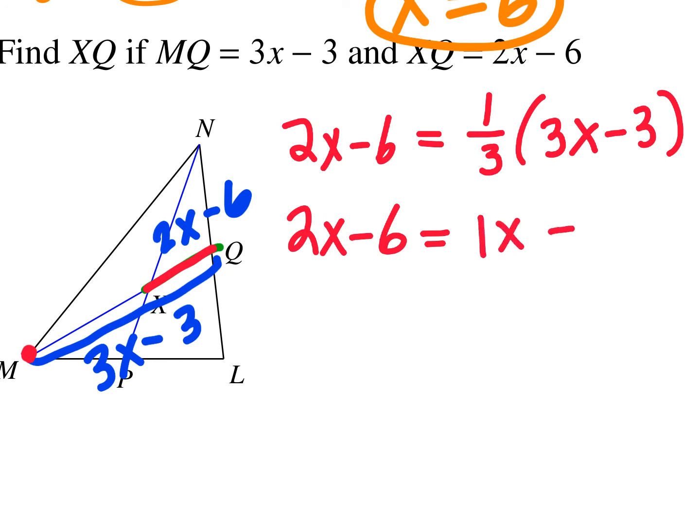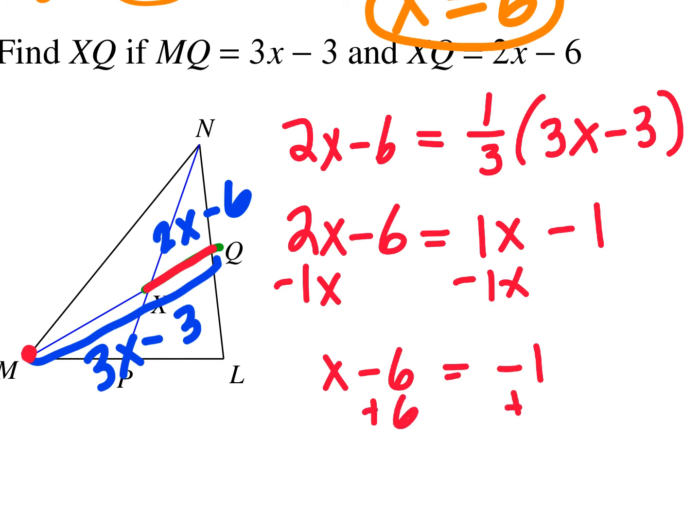And the same thing here. 1/3 times 3 is 1. Move all our x's to the same side. And then we want x to be by itself, so we're going to move that 6. Which gives me x equals 5.